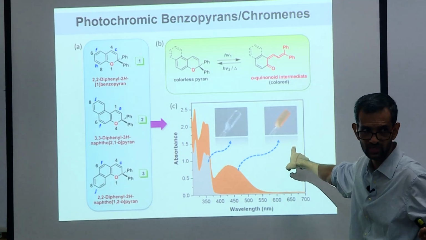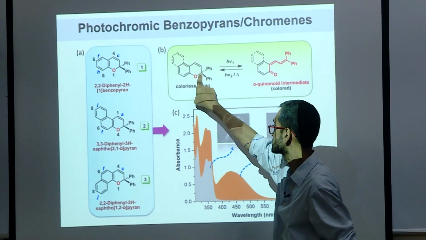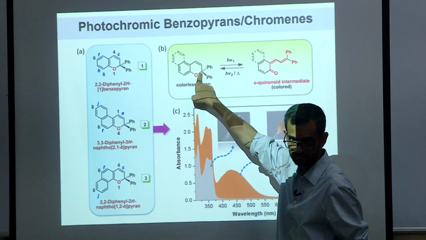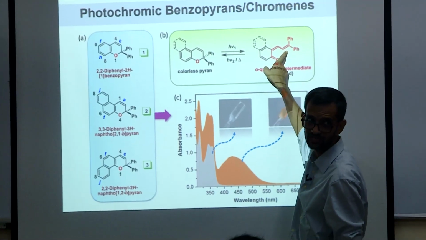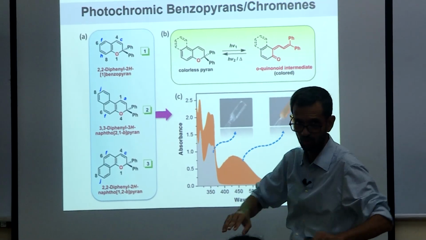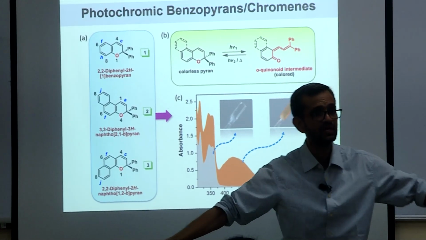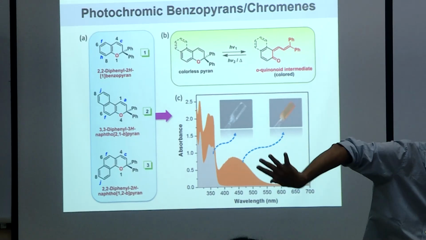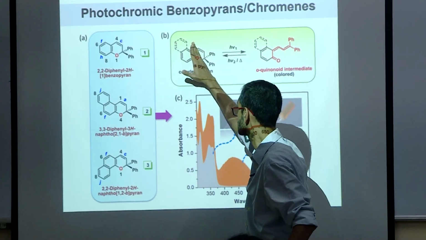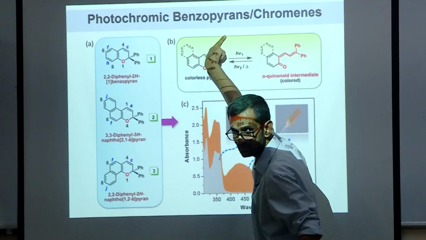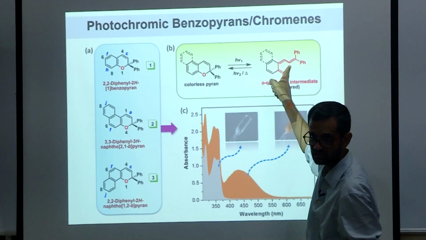So how does the gap come into the picture? You are converting an sp3 hybridized carbon to an sp2 hybridized carbon, which is more planar in character. It has to ring open, right? This bond has to cleave, isomerize and go to the other end to give you this isomer.